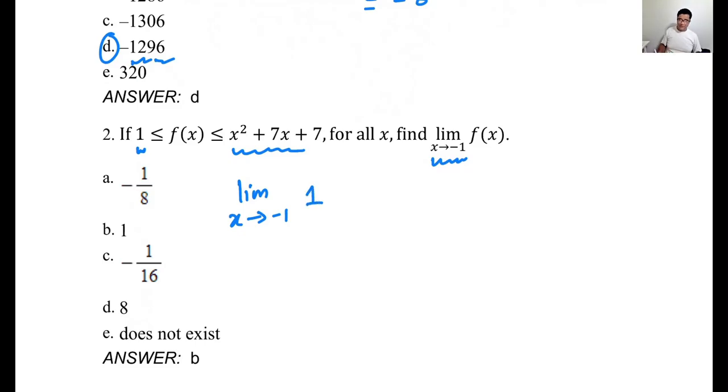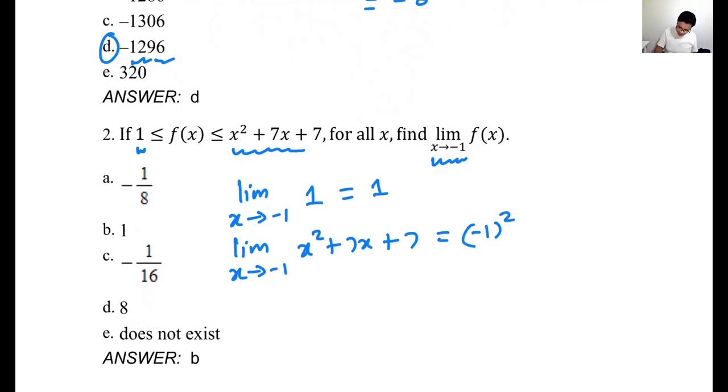If we take the constant function 1, of course its value is 1 everywhere, so its limit is 1. The other function, x square plus 7x plus 7, is a polynomial, so you can plug in to evaluate its limit, and you see that minus 7 plus 7 will cancel and the result will be again 1.